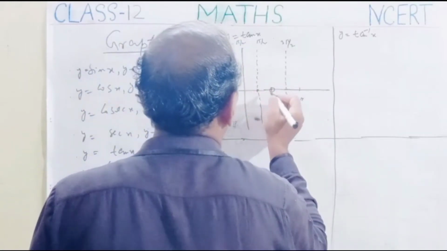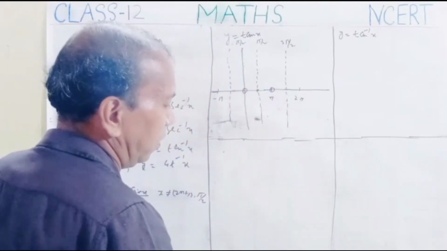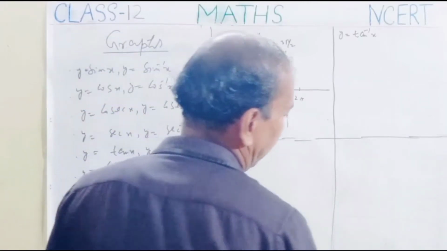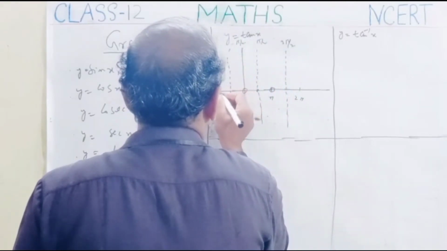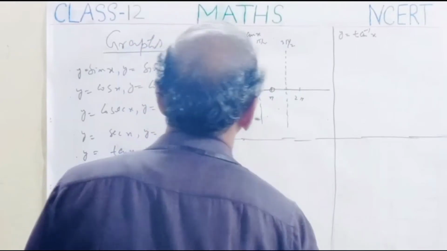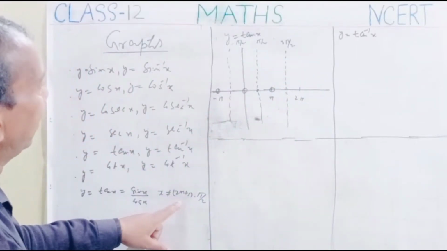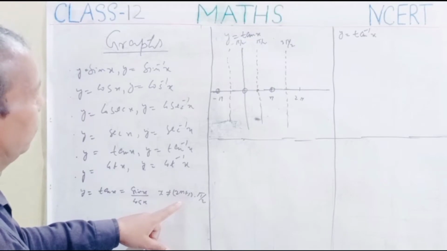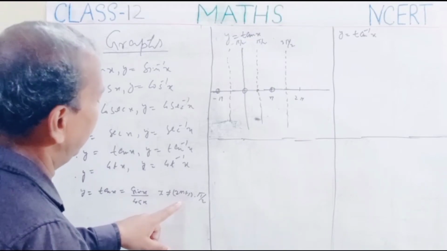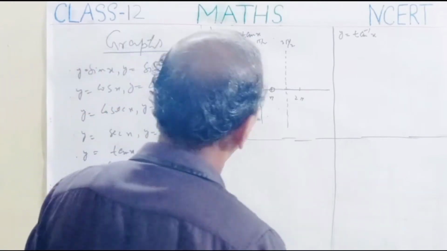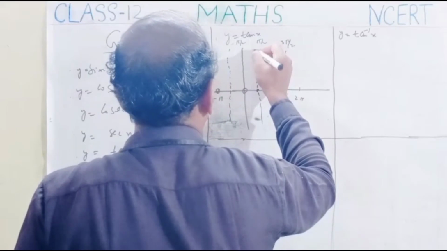Similarly, at 0 it is also 0, and at minus pi the value is also 0. At the non-integral multiples of pi by 2 it is defined, but it will not be defined at pi by 2 and minus pi by 2.